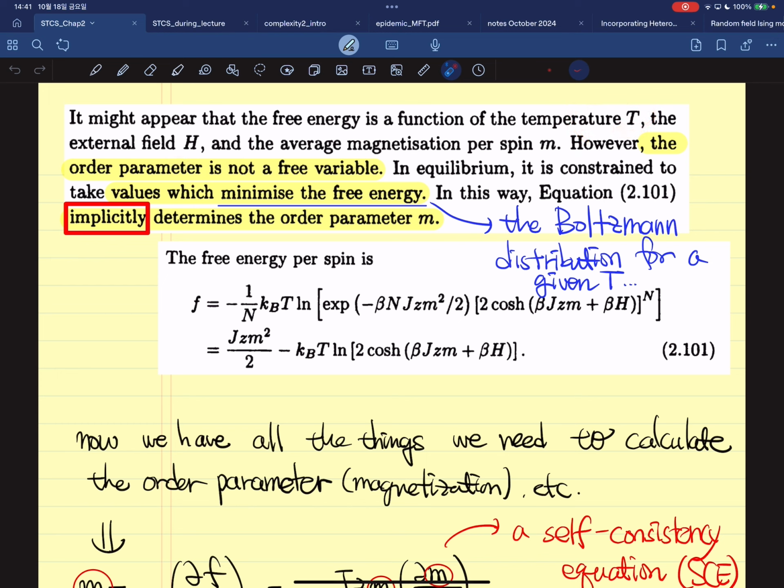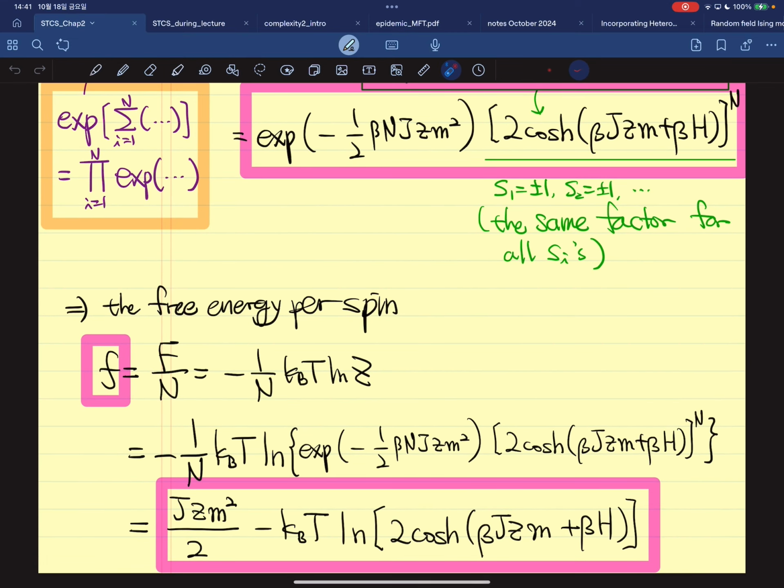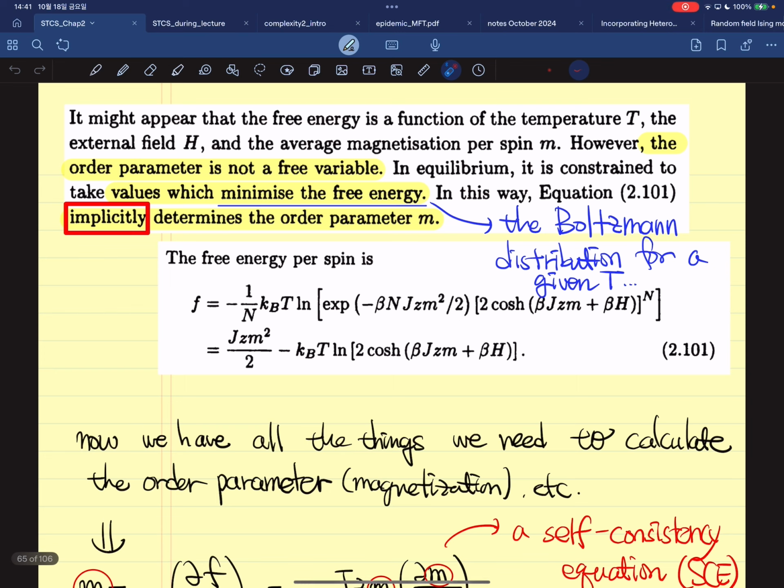But you may get the impression that it is a function of the average magnetization per spin as well, so it looks like a three-variable function of M, T, and H. But as I already emphasized a couple of times, the order parameter M is not really a free variable. M is something that will be decided as a result of the free energy minimization.